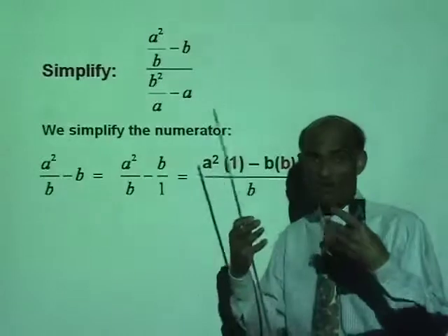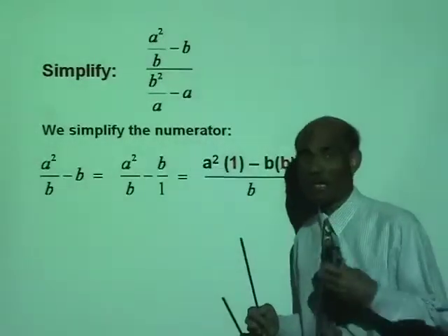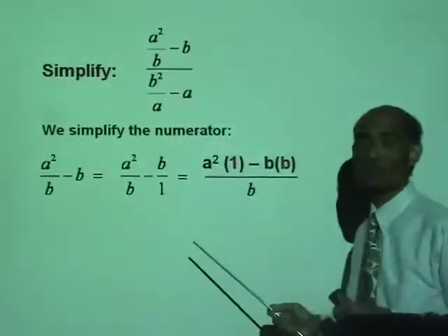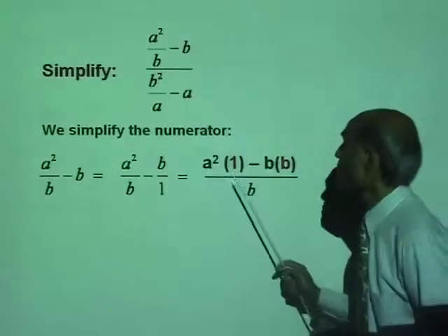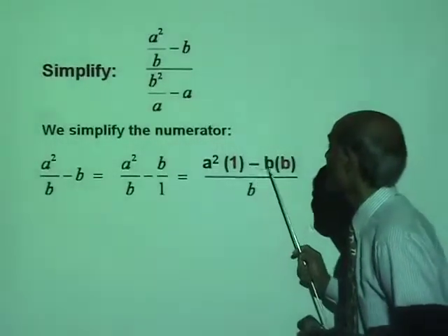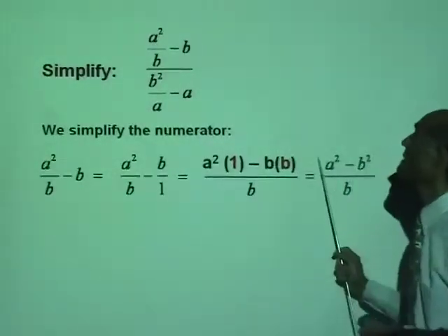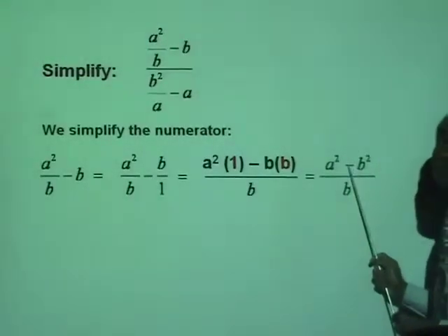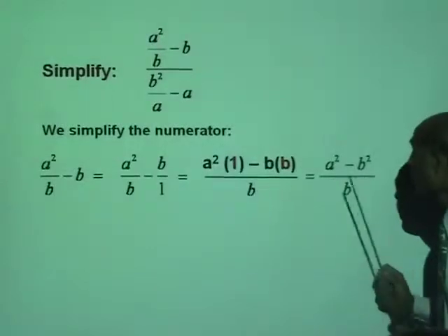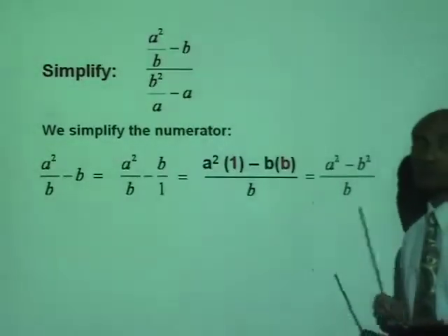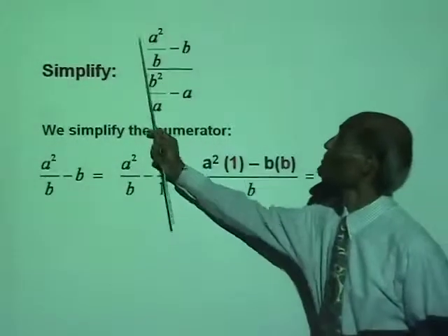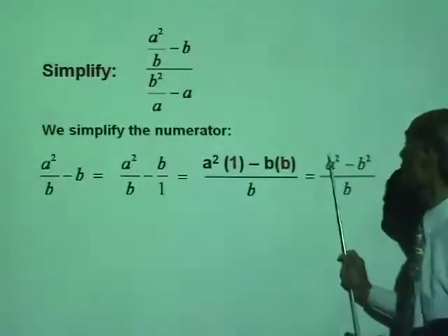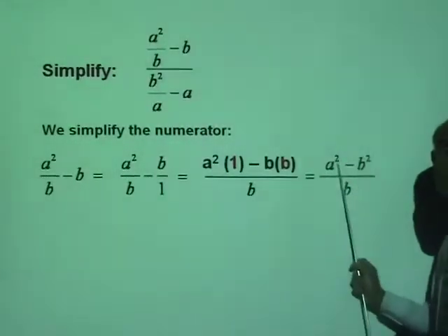Okay, I hope this is now very clear and you are thorough with this concept. What is my numerator now? a² − b². So my numerator now is (a² − b²)/b. Okay, so this quantity will be replaced by this quantity.